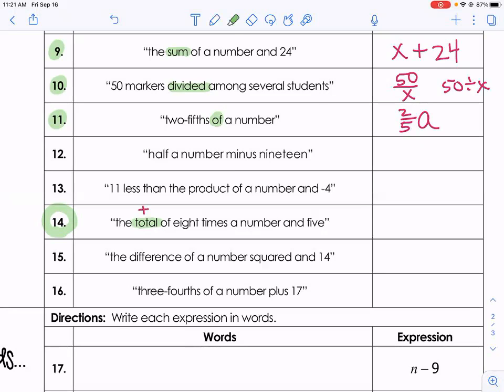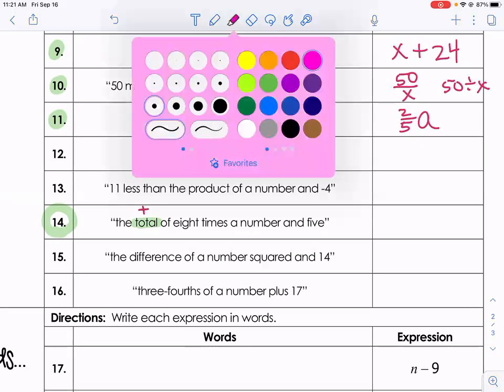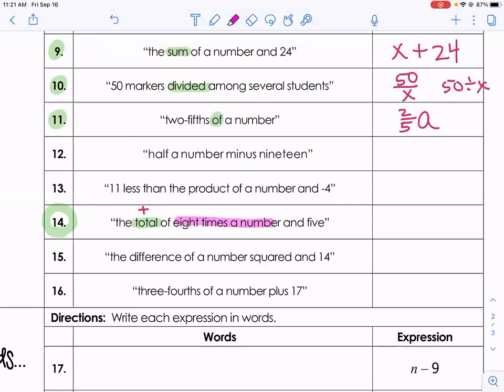Addition. And then we have this 8 times a number. What about, oh, times, what does that mean? Multiply. So the total of 8 times a number and 5. We're adding 8 times a number. So I'm going to write 8x and 5 plus 5.